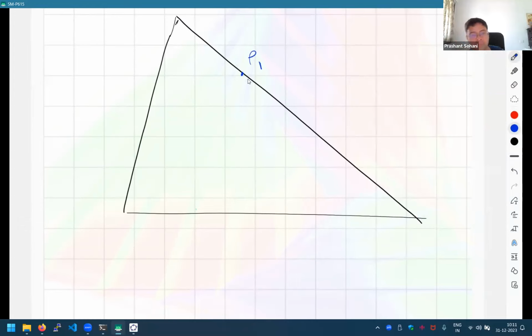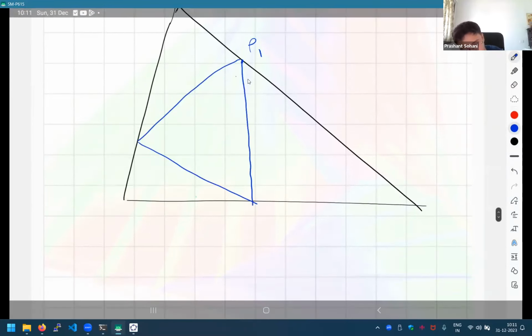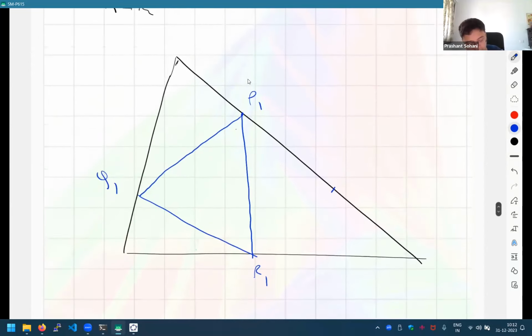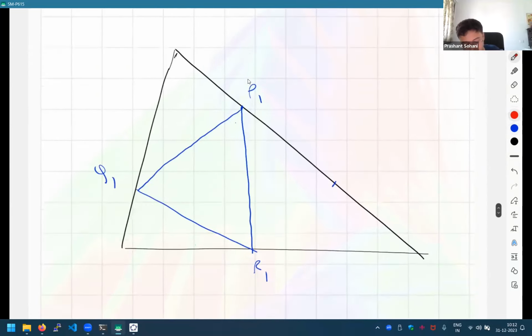Let us say the first point is P1, and I'll just draw roughly by hand. So P1, Q1, R1 is equilateral. And by the way, we are soon going to see that this equilateral has no special relevance. It could be any shape that you want as long as the shape is constant. Equilateral is just by accident, and this could be very easily applied to any other shape also.